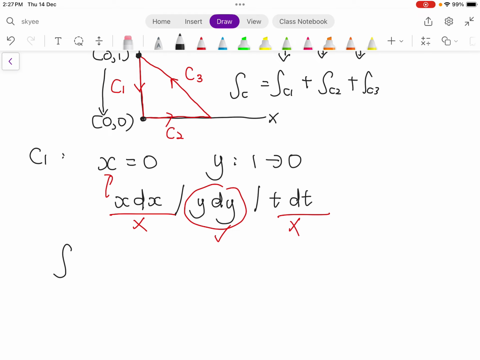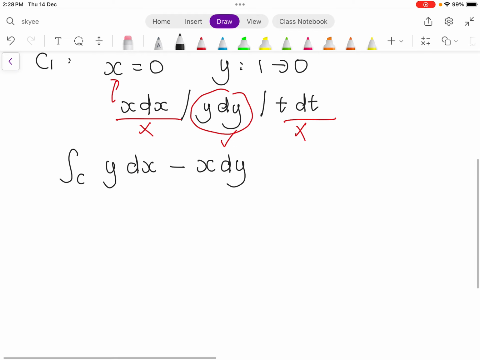So we look at our line integral again. You have y dx minus x dy. You want to convert it to y dy, so you need to replace the dx and also the x.